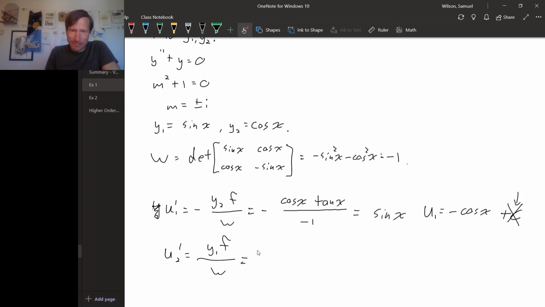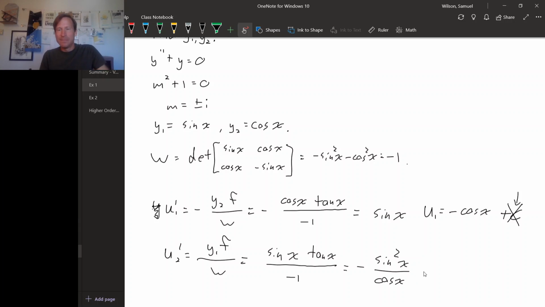So y1 is sine x, f is tangent, and the Wronskian is minus 1. So we're going to get, looks like minus sine x times tangent x is sine squared x over cosine.